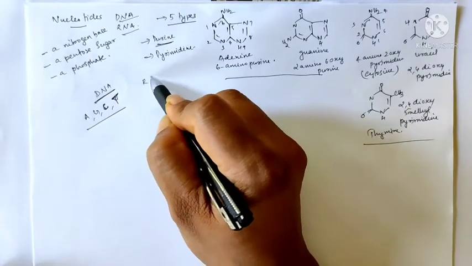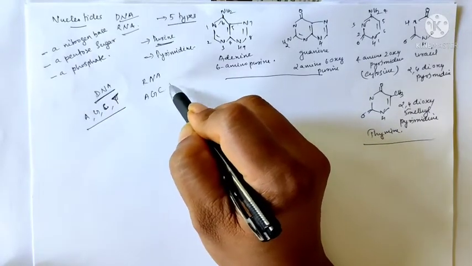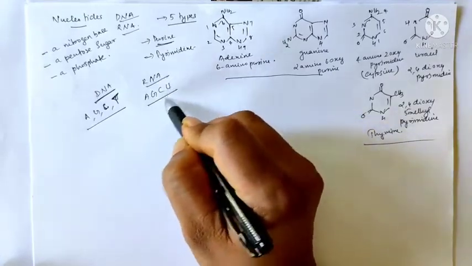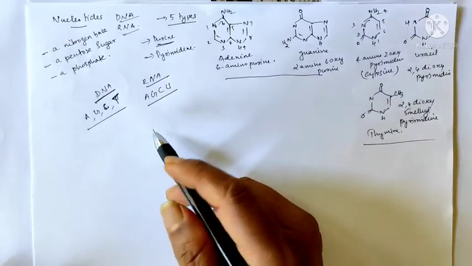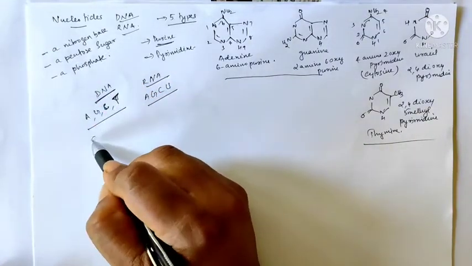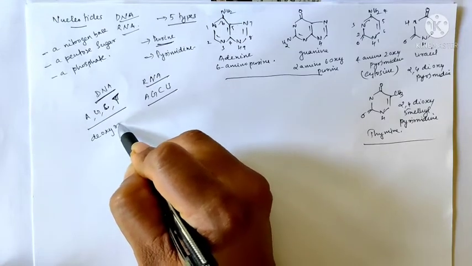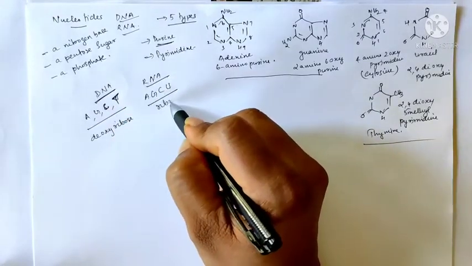In RNA, adenine, guanine, cytosine and uracil. These 4 nitrogen bases are seen in RNA. Then coming to the pentose sugar, in DNA it is deoxyribose. In RNA it is ribose sugar.